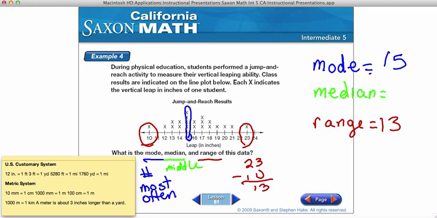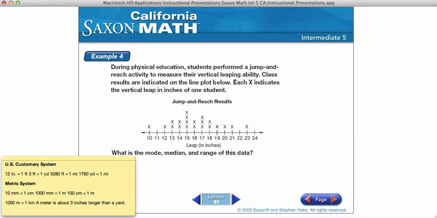All right, let's go back to the median now. To find the median, we have to find the middle, which means we have to write all of these X's in order from least to greatest.